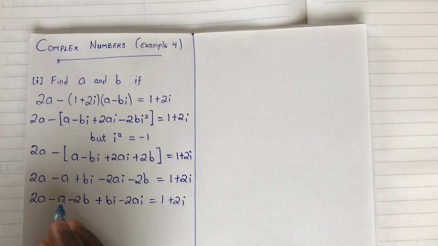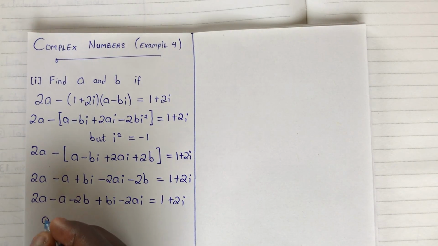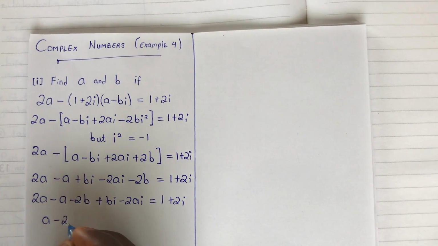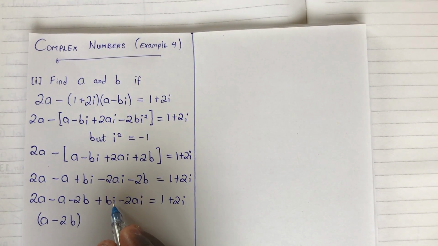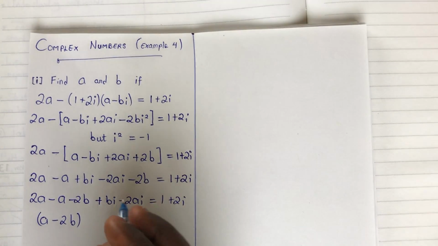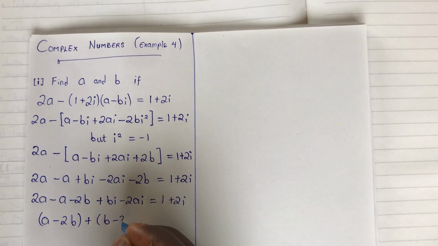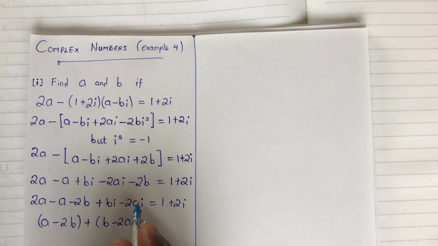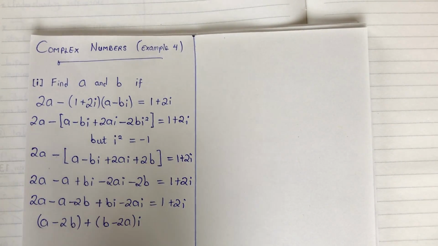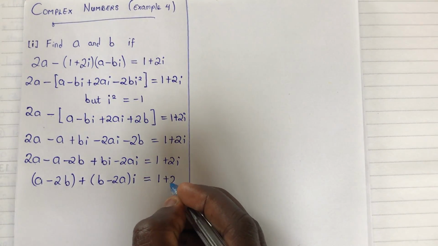After grouping, we can subtract a from 2a and we get a. So we have a minus 2b, let's put it in one bracket. Then we can factorize the complex notation out, so we have plus b minus 2a i, because i times this will give us this, then i times this will give us that. This will be equal to 1 plus 2i.